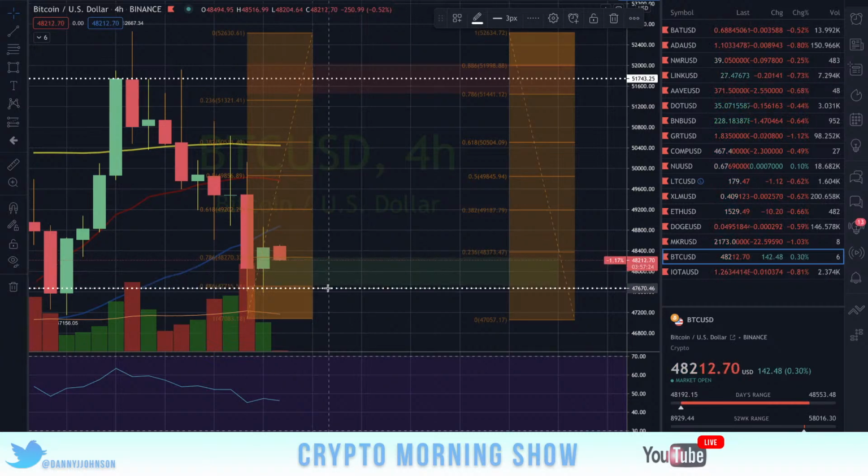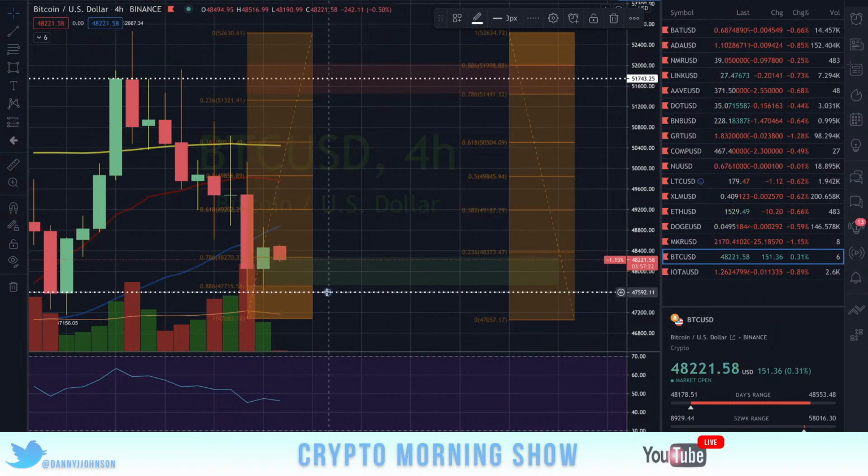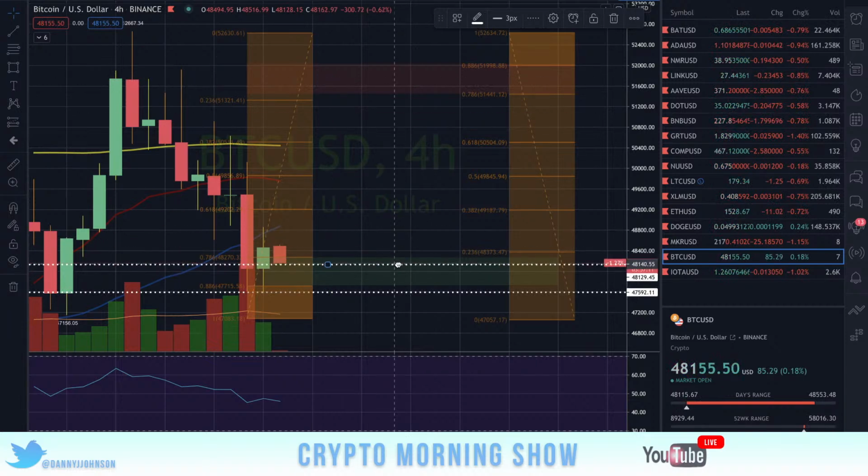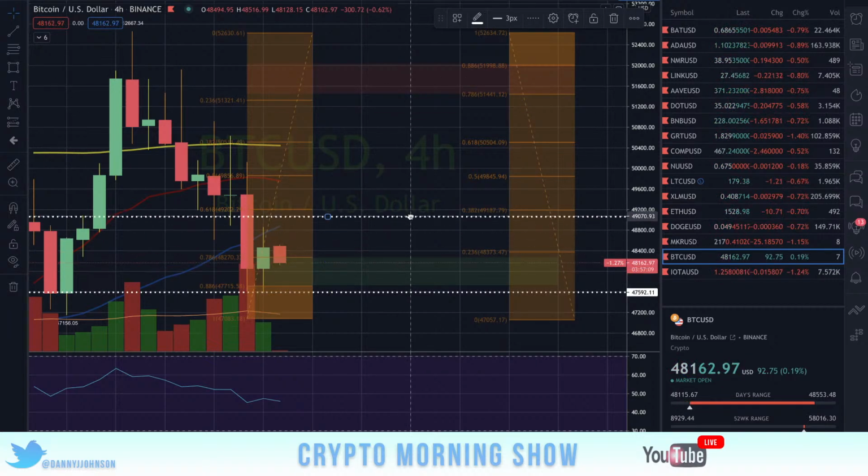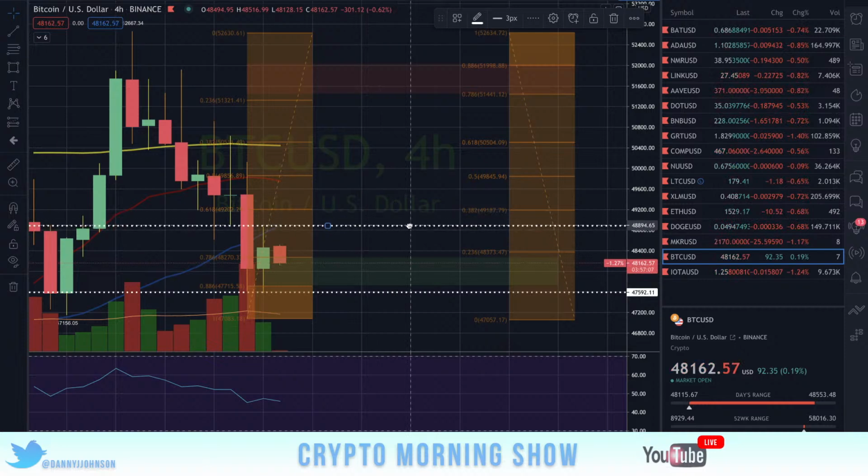Even if you wanted to go down here on the wicks, you would have 47,592.11 for support. And then resistance is going to be, we're on the 4-hour time frame, by the way, right here at 48,894.65 USD.